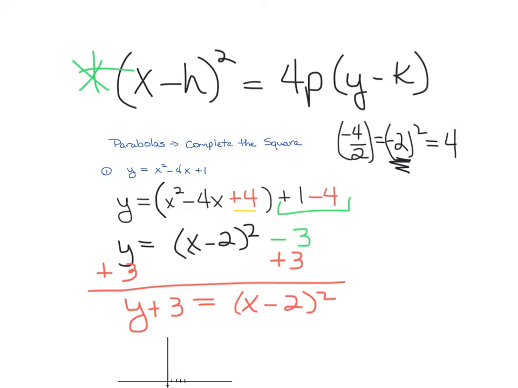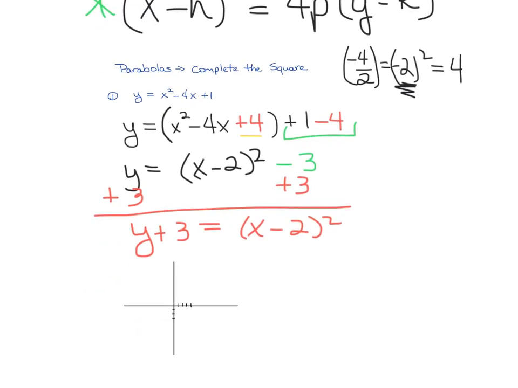Now remember, we want that x minus 2 squared on the left side. So now I'm just going to flip-flop it. So I'm just going to take and write the x minus 2 on the left and the y plus 3 on the right. And now it's in the form. Now, I need to find the value of p.